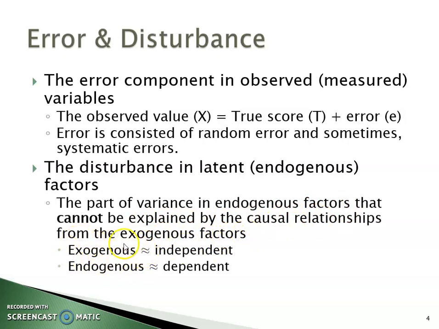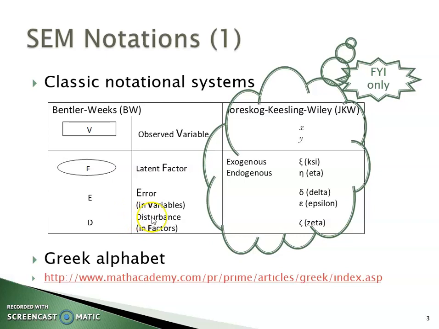Here, exogenous is quite similar to the word independent in the context of multiple regression. So endogenous means the dependent factors. The disturbance of latent factors is expressed using the letter D in the diagram.